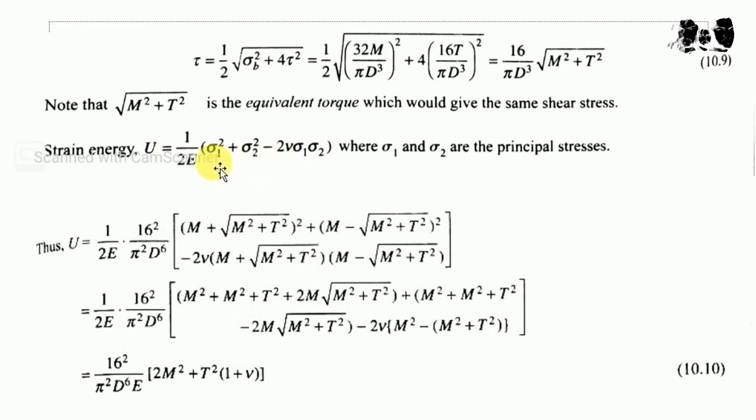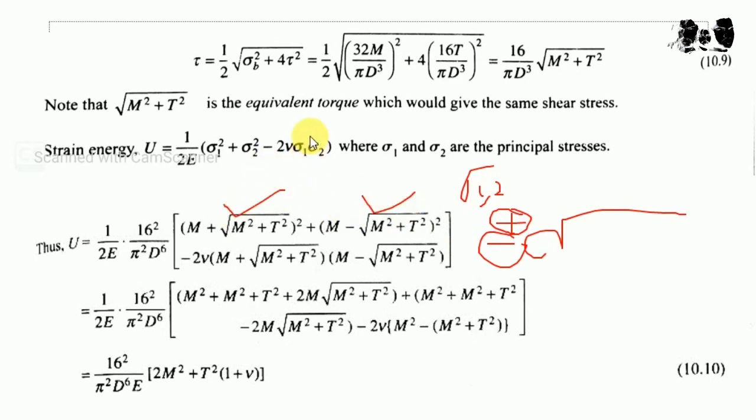In this equation we have sigma 1 and sigma 2, which are the principal maximum stresses, which can be deduced by placing the plus and minus value, because we have a plus minus with the under root. To find the principal stresses sigma 1, sigma 2, by simply putting the plus value and the minus value, we have sigma 1 here and this is the sigma 2 value.